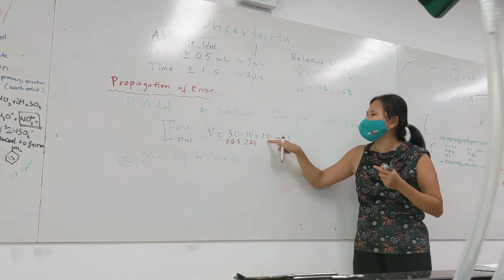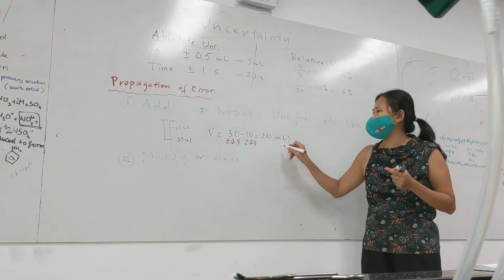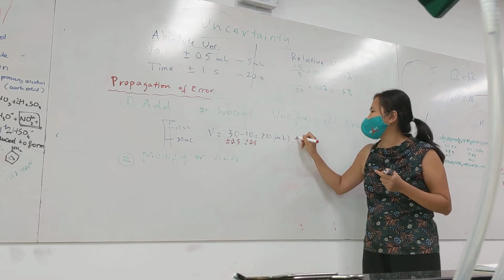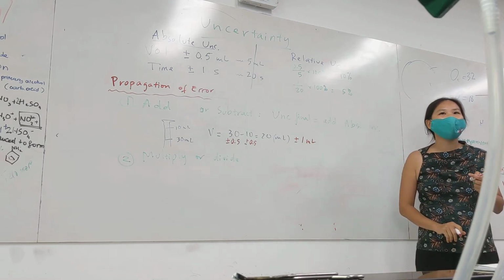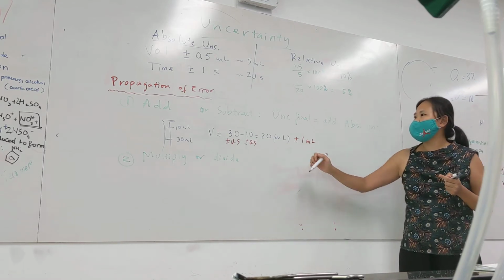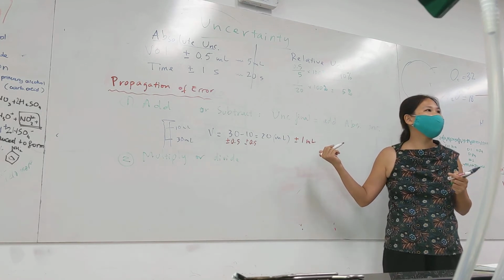So the uncertainty for this 20 milliliter value is 0.5 plus 0.5. So it's 20 milliliter plus or minus 1 milliliter. Does that make sense? Because each of these has that uncertainty, so two of them together will be that much.